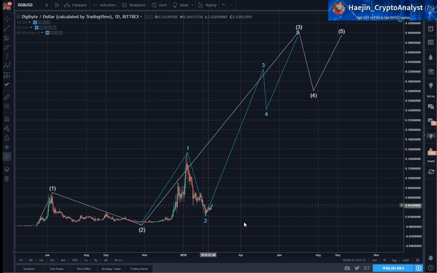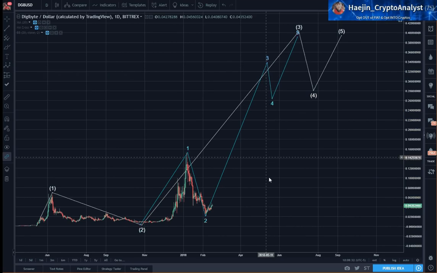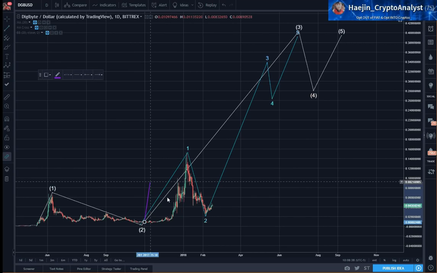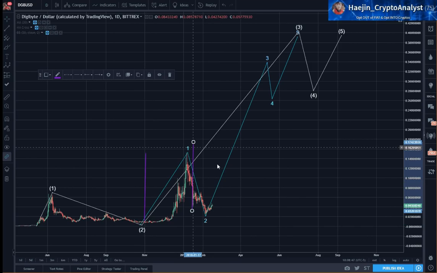Now, usually, for now, I am leaving wave 3 at around 1.618 of 1. So I take the height of 1, put it on 2.